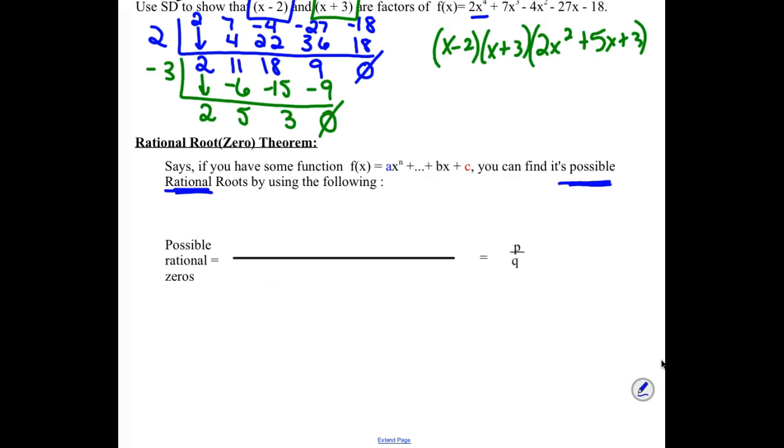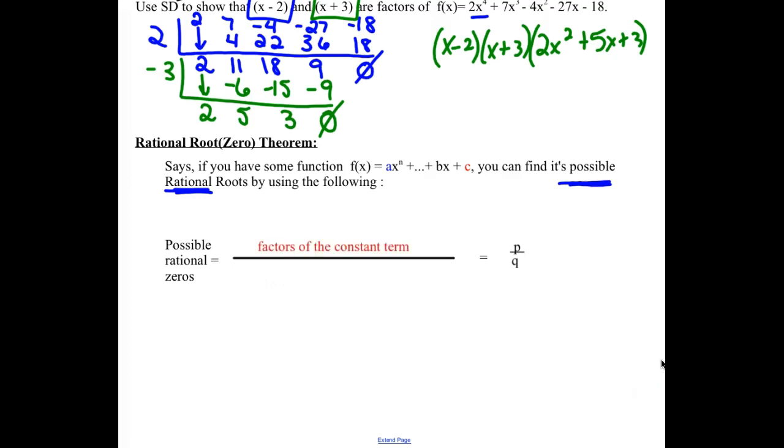We might have zeros that are irrational. We might have zeros that are imaginary. What this list is doing is it's telling me if there are any rational zeros, it's going to help me find them. And hopefully that gives me enough information that I can find the other ones with quadratic formula or completing the square. Okay? So, how we find them?